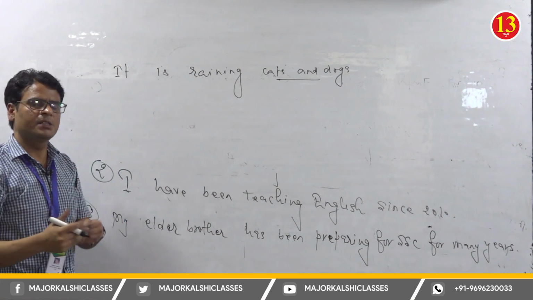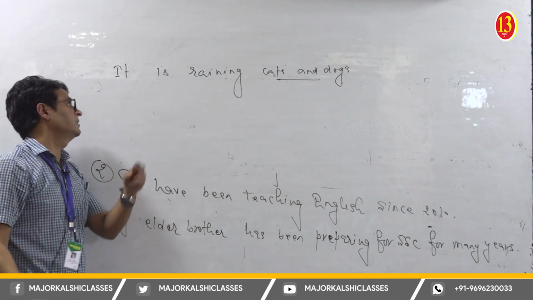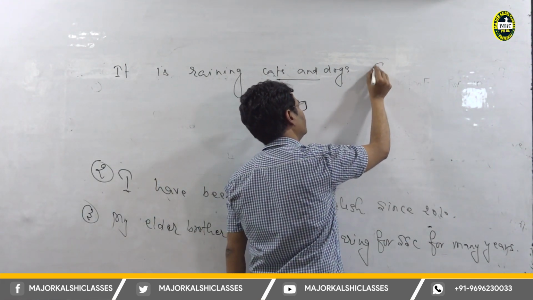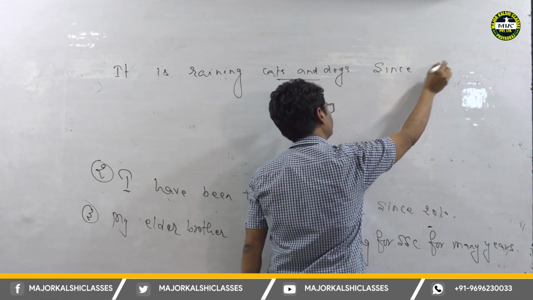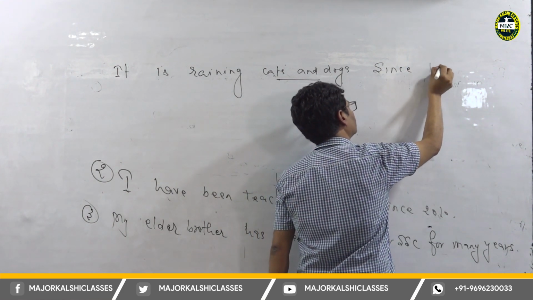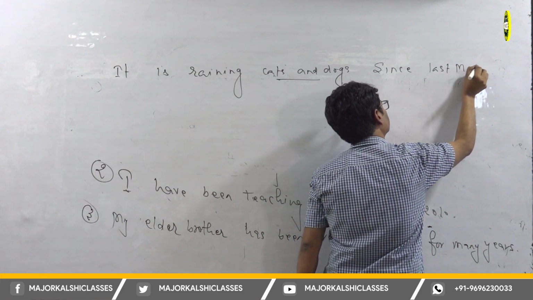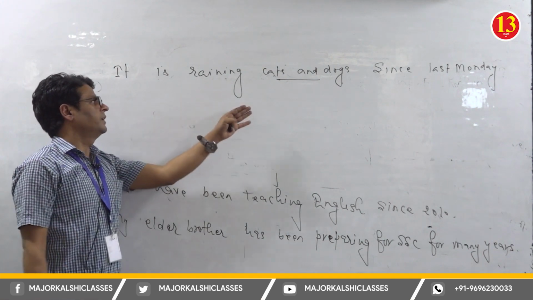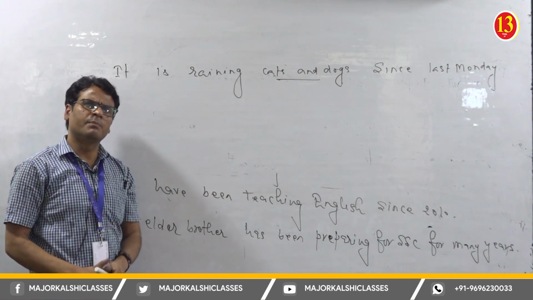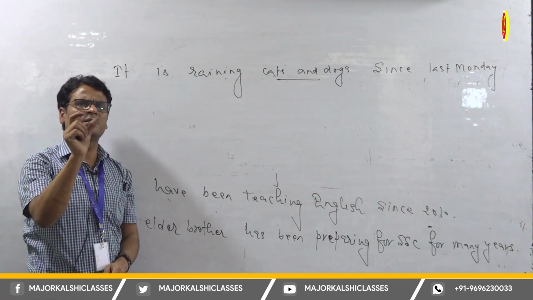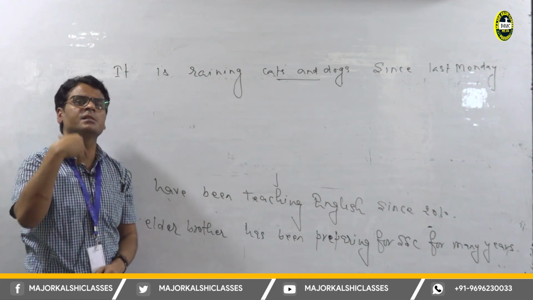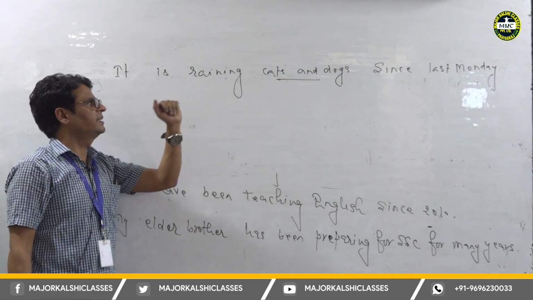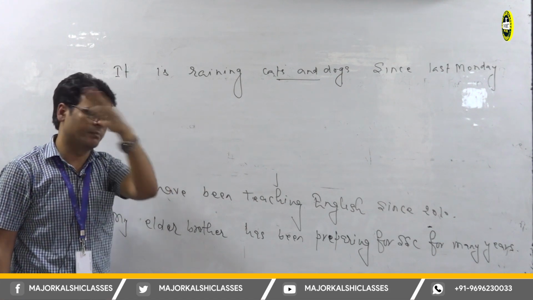Cats and dogs means heavily, downpour. This is your example. What is written here? It is raining cats and dogs since last Monday. Last Monday, this is period. This is not period, sorry. This is not period, this is point. So I used preposition since. It is raining cats and dogs since last Monday.